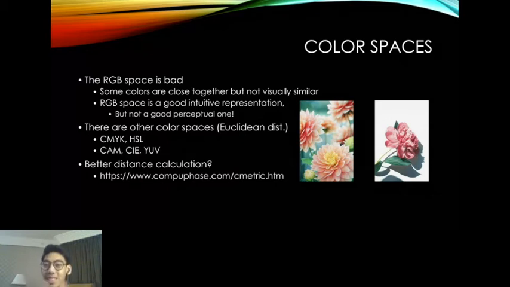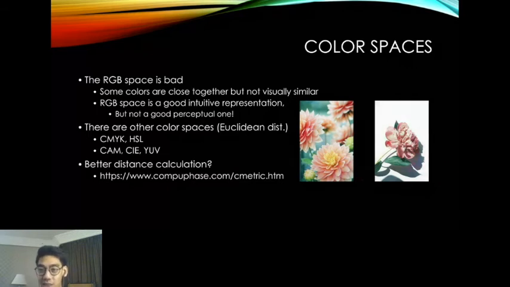Although this makes sense for storing it in data, our eyes don't see it that way, right? Our eyes are kind of biased. I think greens are a lot more sensitive to the rods and cones inside the eyes. So although the colors in 3D space are very, very close to each other, our eyes don't think so.